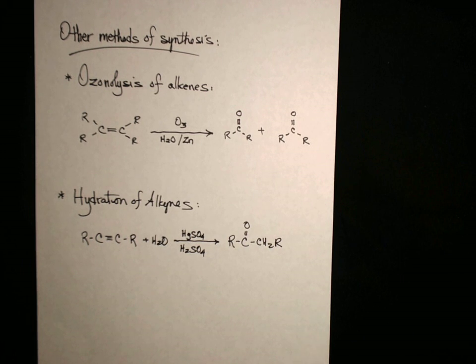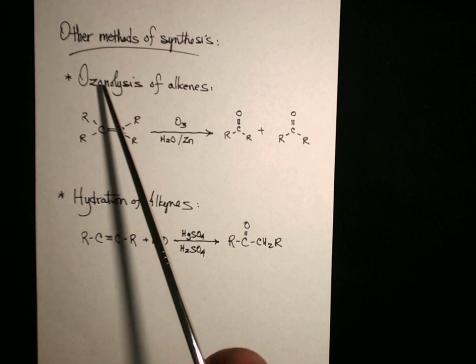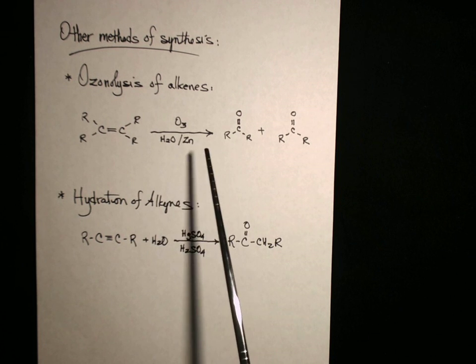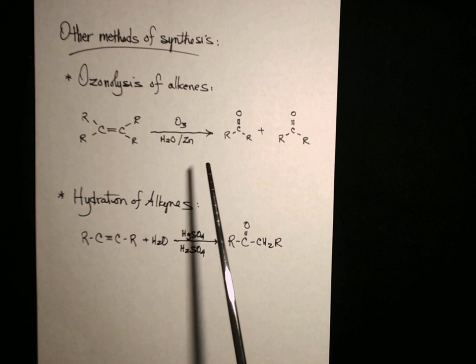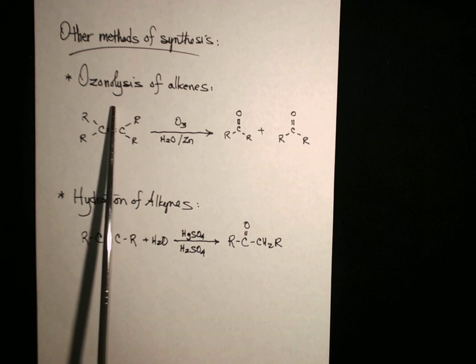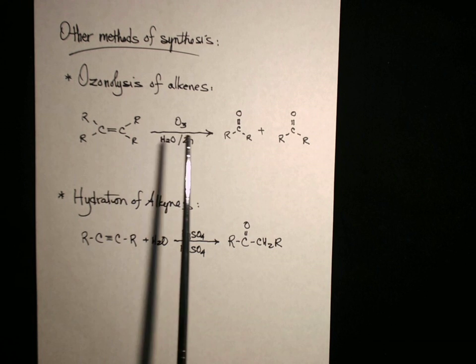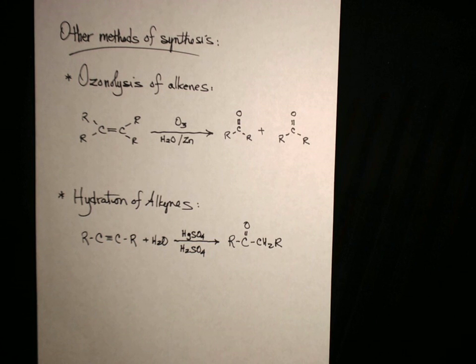But ozonolysis of alkenes is a cleavage process whereby you imagine breaking this alkene right in half and making two ketones. That's exactly what you're doing. This method isn't used very often. It's more used as an analytical tool than an actual mode of synthesis.